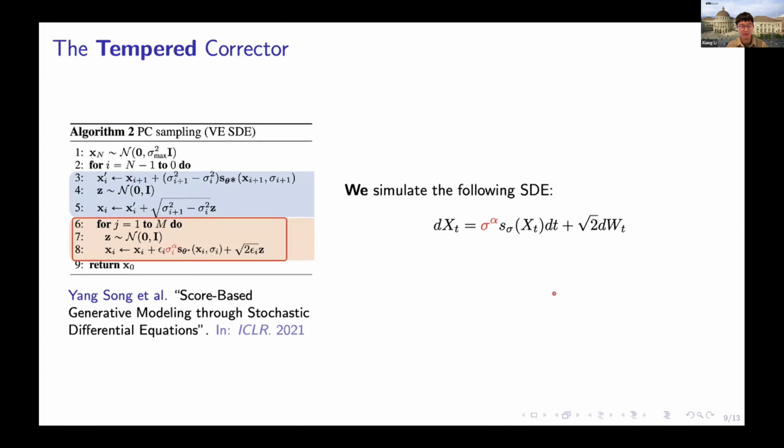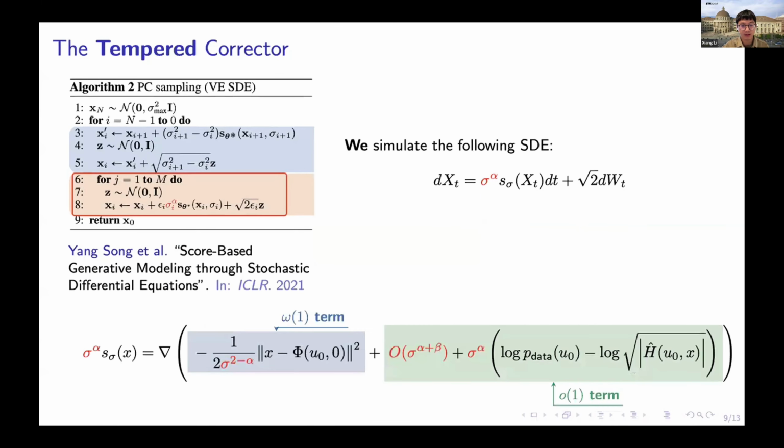We can simply replace this with our tempered Langevin dynamics, because we have proved that the stationary distribution of this Langevin dynamics is a uniform distribution as sigma goes to 0. So we can hope this guides the samples to be more uniformly distributed on the manifold. This is just a one-line modification in existing diffusion models. You don't need to retrain a diffusion model; the score is already given by a pre-trained diffusion model.